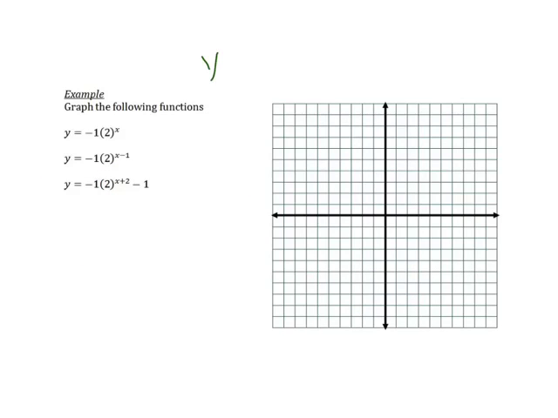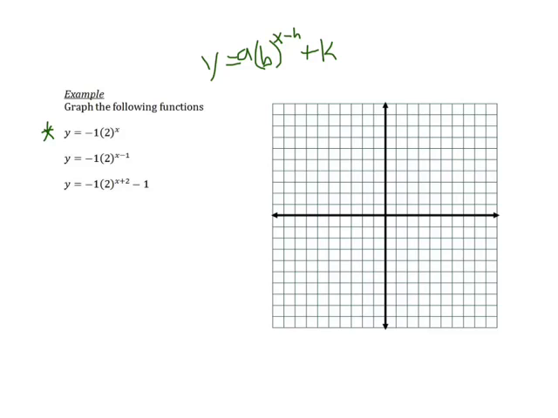So we've talked about these forms where we have some base to the x power, and we talked about if we have an h value up here, and a k value out here. Well, what if we have a negative number out here in the a value? Looking at this, like other functions, this is going to flip it upside down. So for our first graph, negative 1 times 2 to the x is just going to flip it upside down.